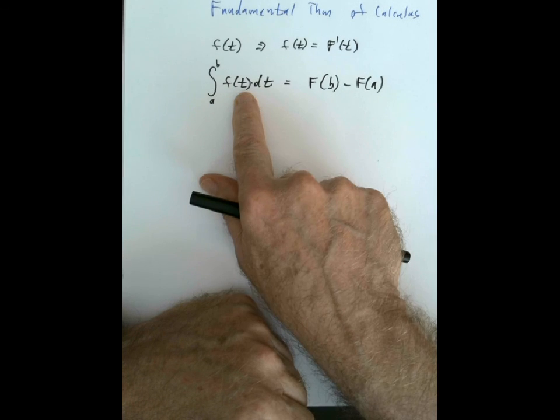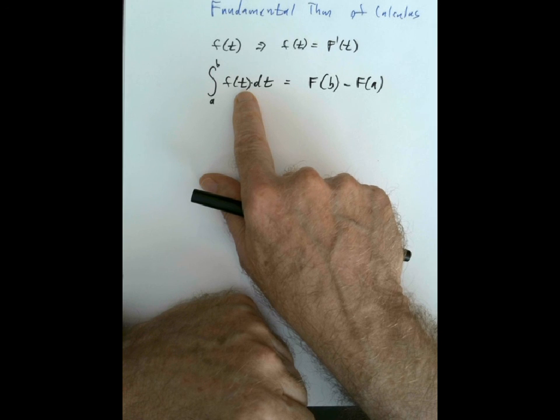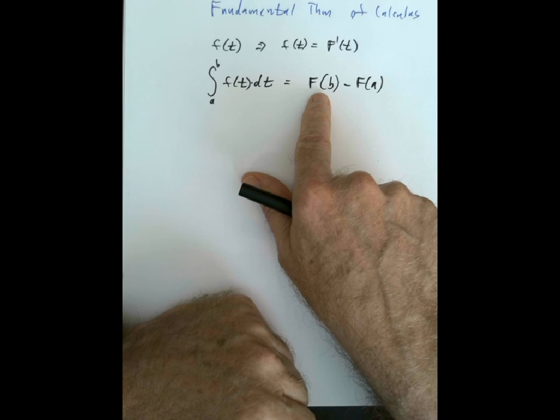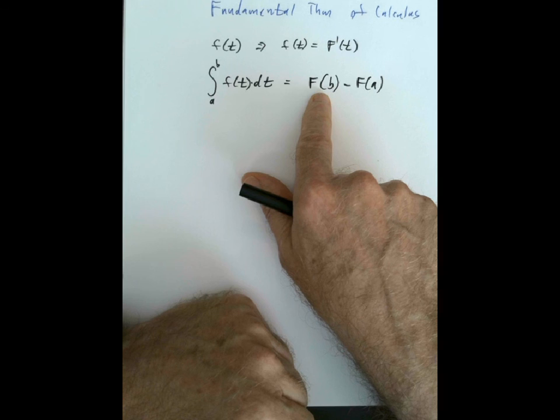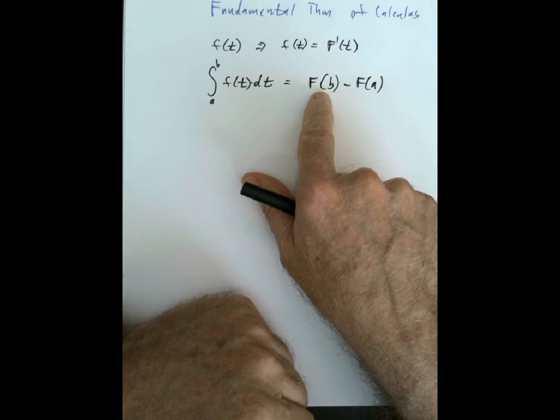We start with f. We find the antiderivative, whatever it might be, using formulas or whatever other process. And then we evaluate capital F at b, and remember, that represents the area under the curve. That's the function. F is the area under the curve.